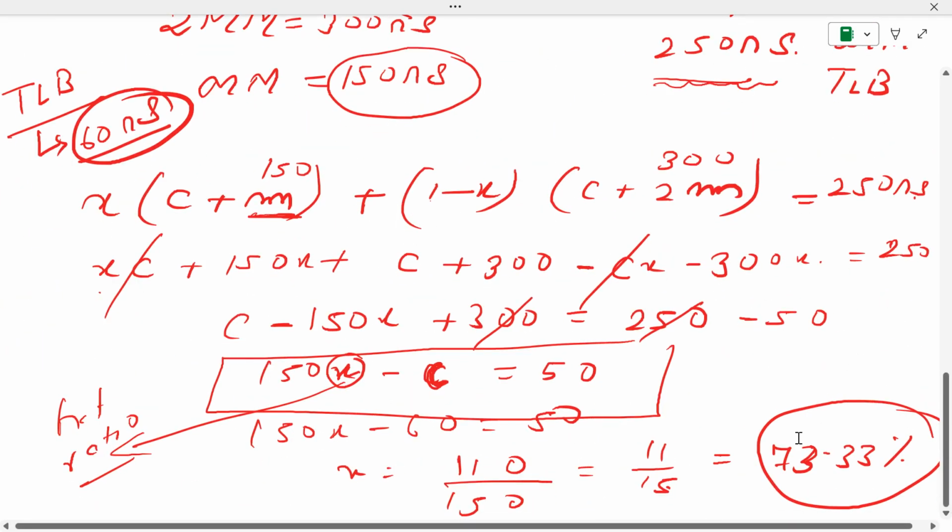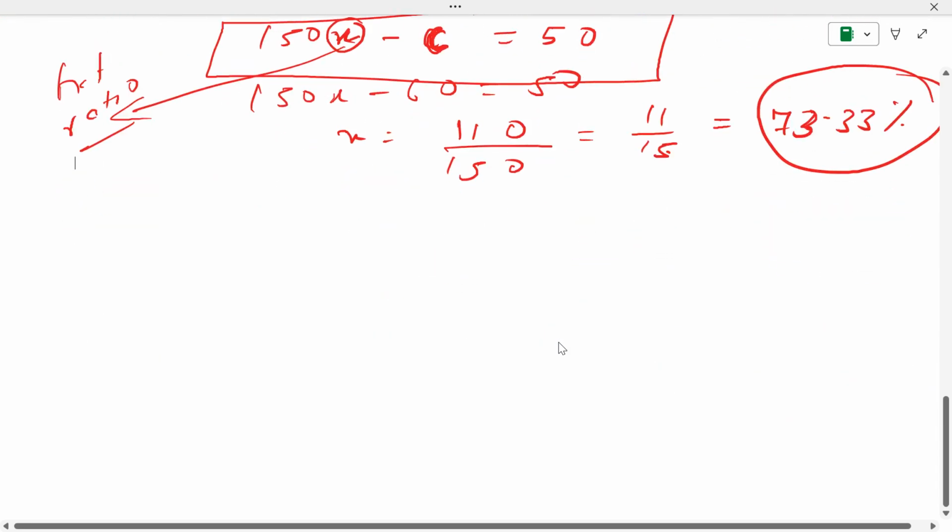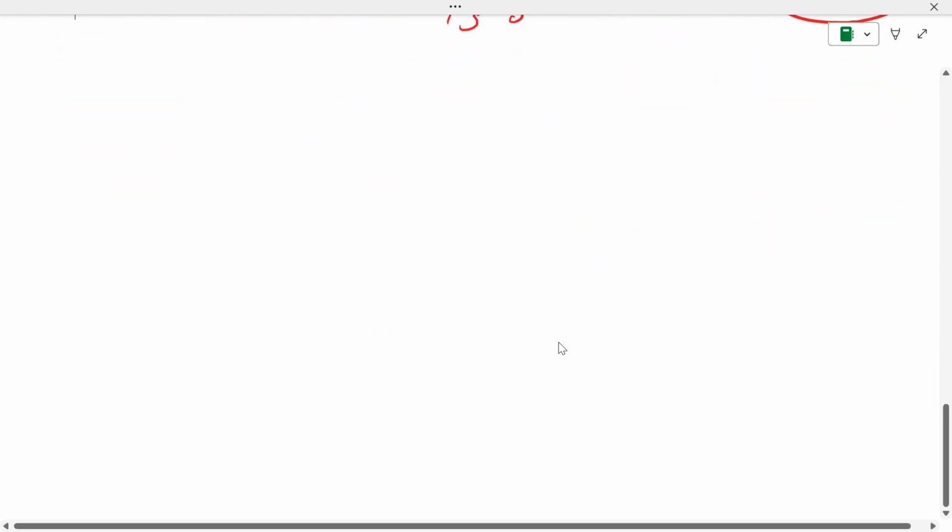So this is one type of question where you are asked to find out the hit ratio, or you can be asked to find out the effective memory access time. Or let's say we have another question, like we have one system, and this system has a logical address of 32 bits, okay?